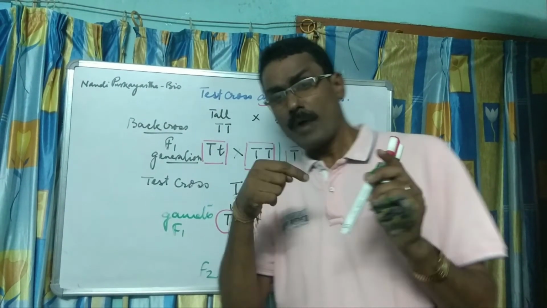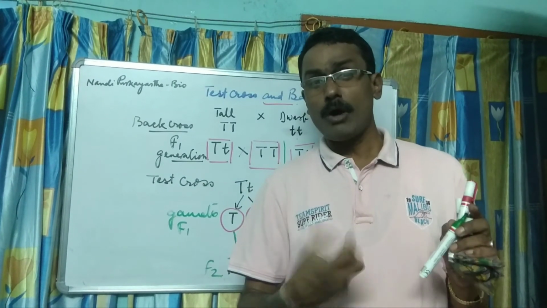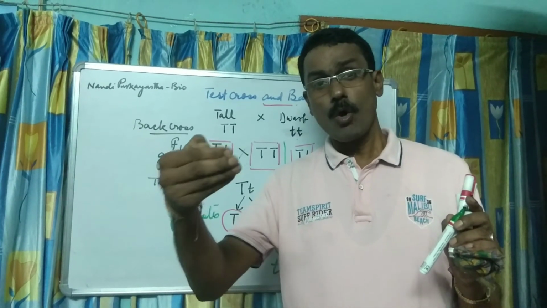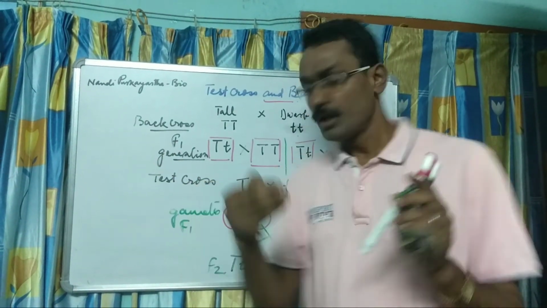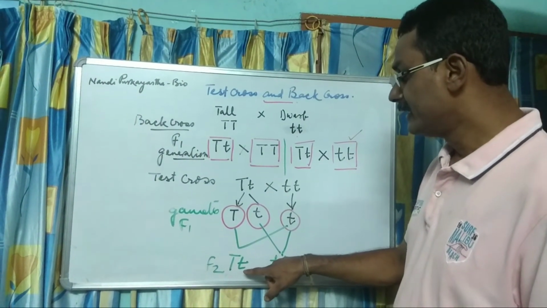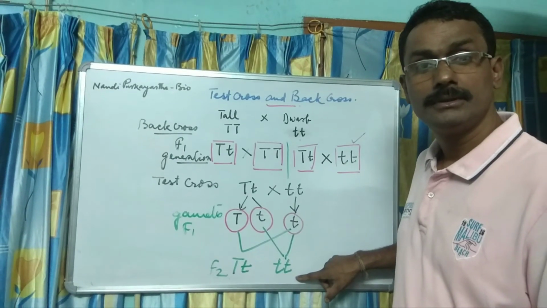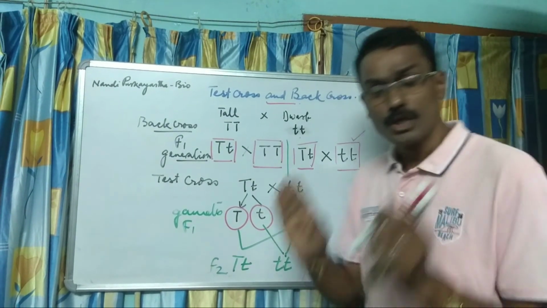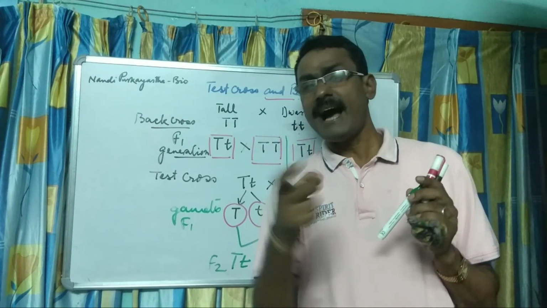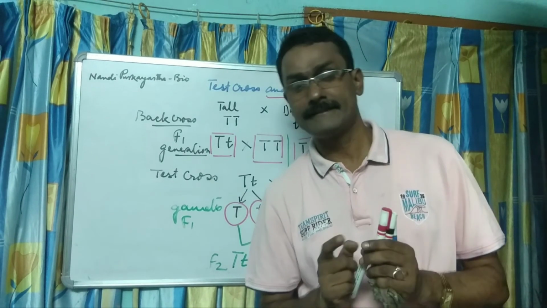Now this experiment, the test cross, was initiated by Mendel to find out the purity and the character that is in the organism. When it is done, the character comes out as tall as well as dwarf. Understood? So in the case of test cross, it gives you a correct idea of what type of genotype the organism has.